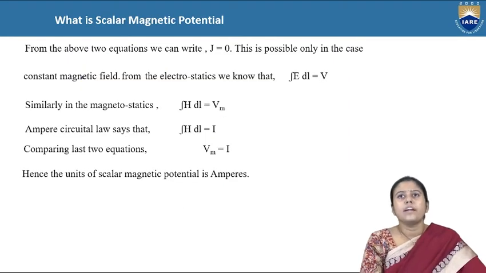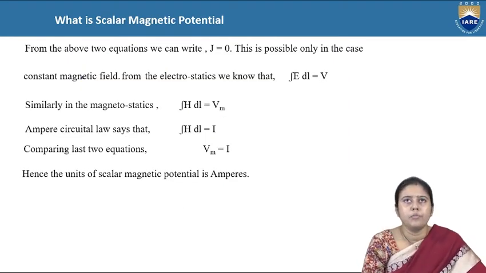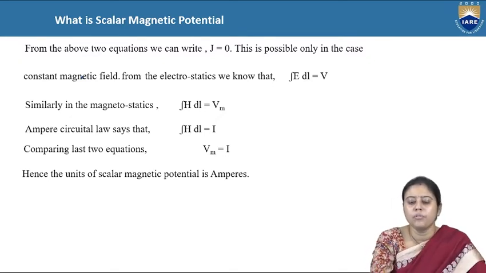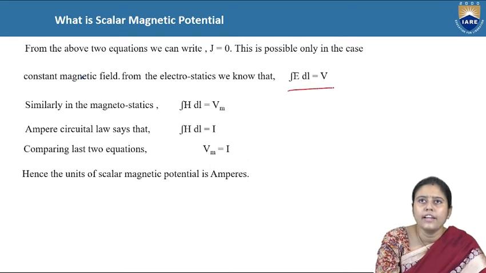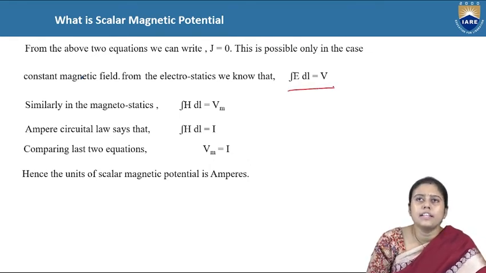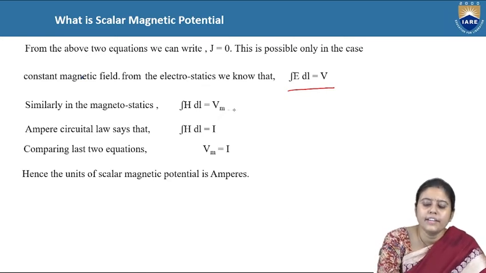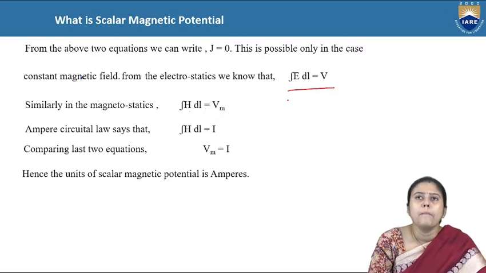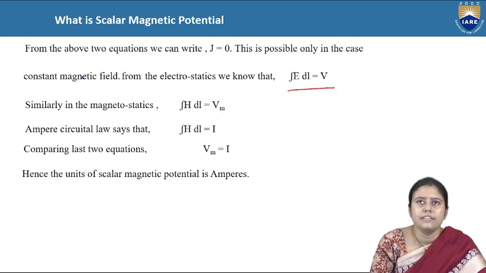Next, what is scalar magnetic potential? Already we know E dot dl gives V. We got it in the case of the electrical potential. So similarly, in the magnetic field we can write H dot dl is equal to Vm. What is H? H is nothing but the magnetic field intensity.